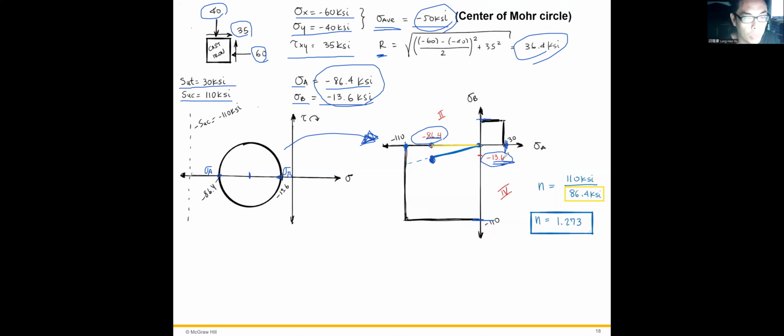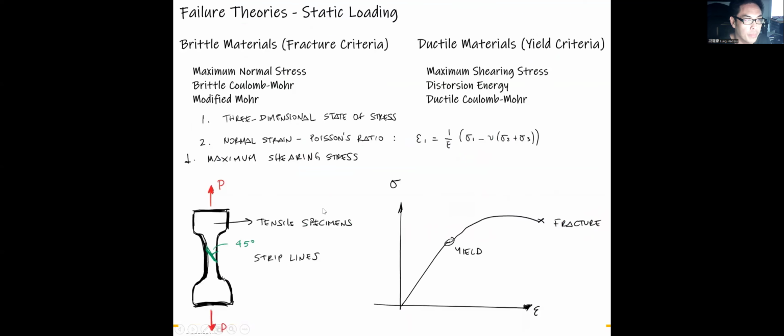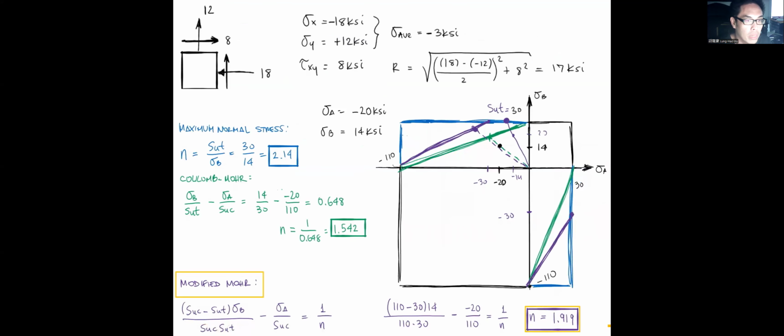So the compressive stress, sigma A, is the higher value. Therefore, the safety factor equals 110, the ultimate compressive stress, divided by sigma A, which equals 1.273. Okay, so this is an example of using the maximum normal stress criteria.